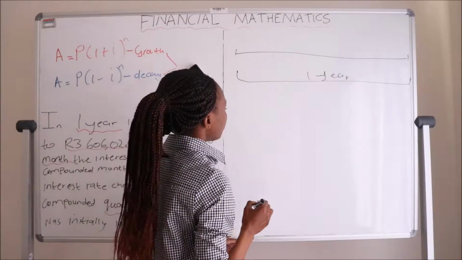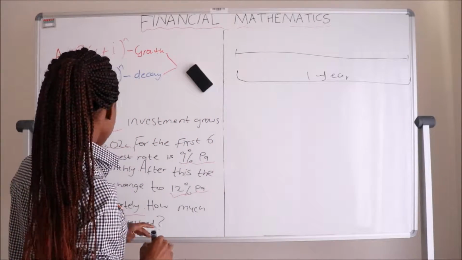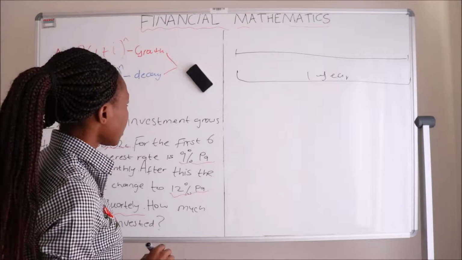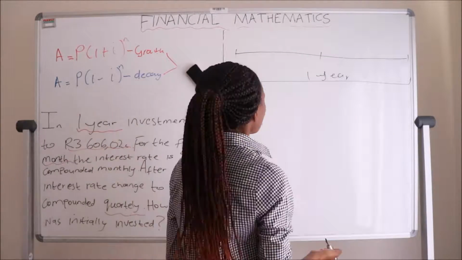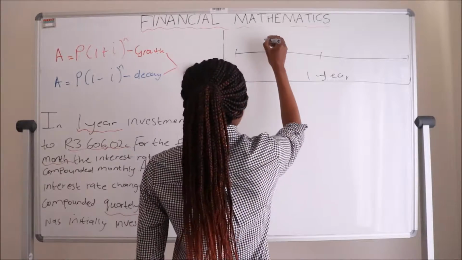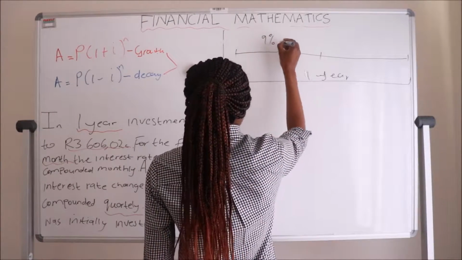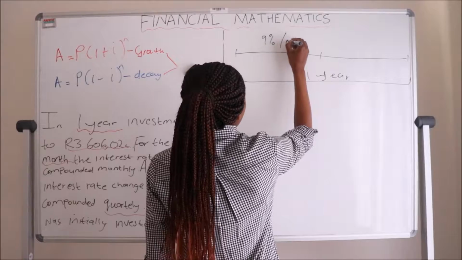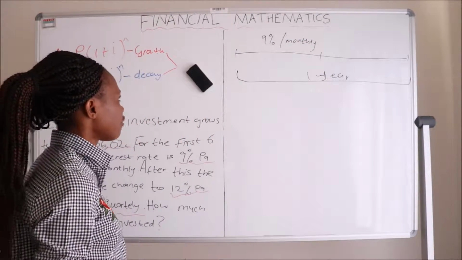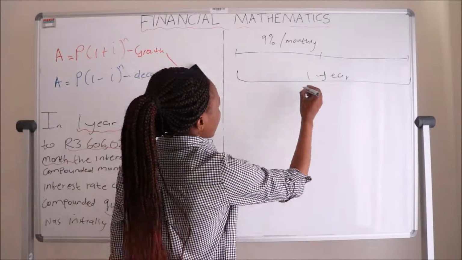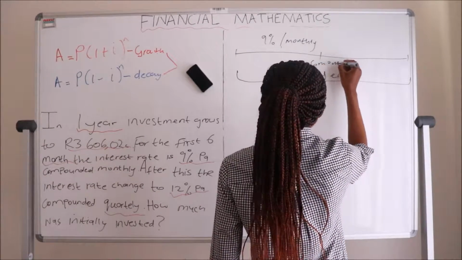This is our 1 year period, and they say for the first 6 months we have the interest rate, which is, we know that 1 year has 12 months, so the half of this 1 year we have 9% interest rate compounded monthly.